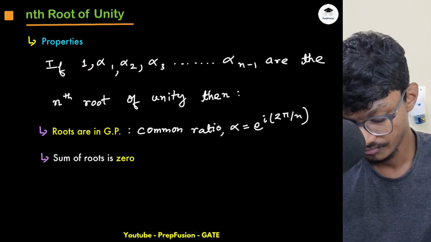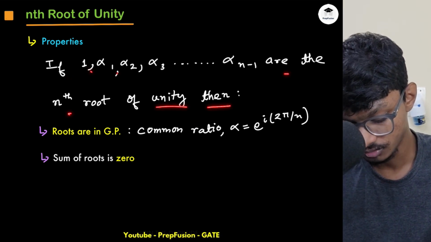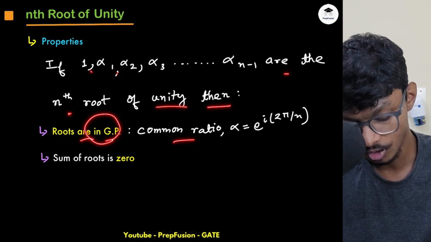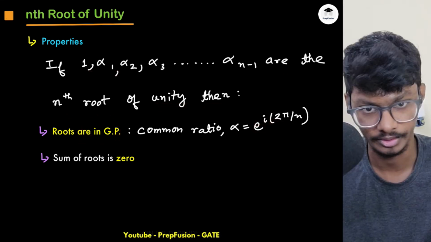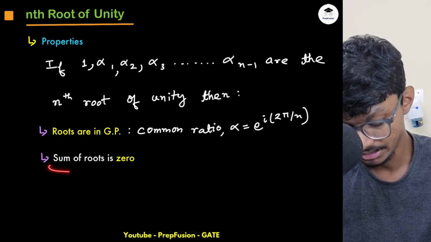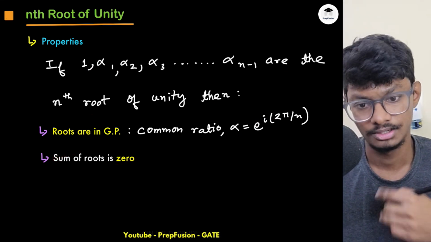If 1, alpha, alpha squared are the nth roots of unity, then the roots are in GP. The common ratio is alpha, which is e raised to power i 2 pi by n. That is what I proved previously. And the sum of roots will be 0. Why?